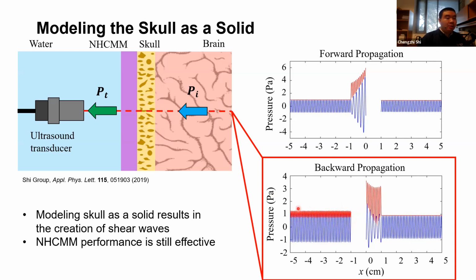But still, you can see the variance of the transmission is very low. So we hope this is not going to affect much of the B-mode imaging when we are using this non-Hermitian complementary metamaterial on top of the skull.